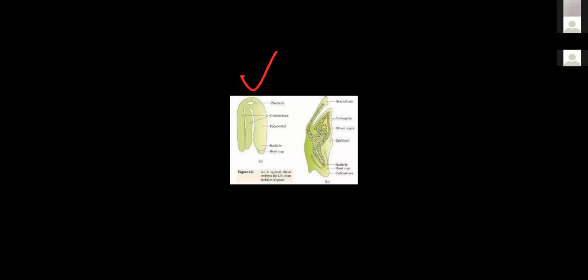Identify. What is this? Mature dicot embryo. Next. In a mature embryo of the dicots, which two structures can be seen mainly?